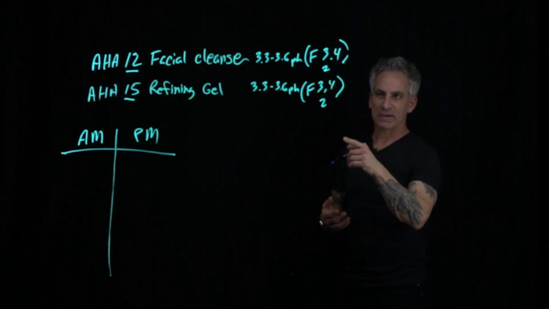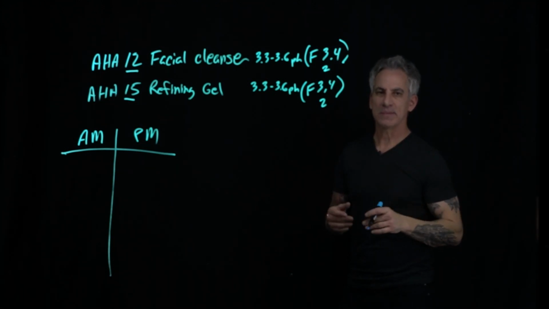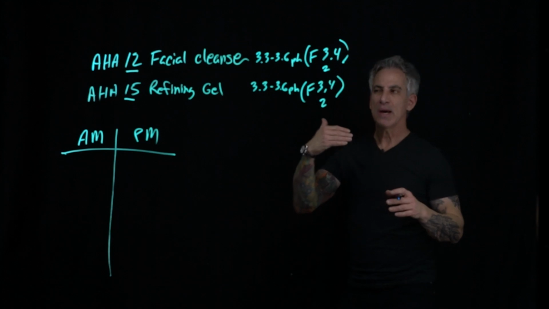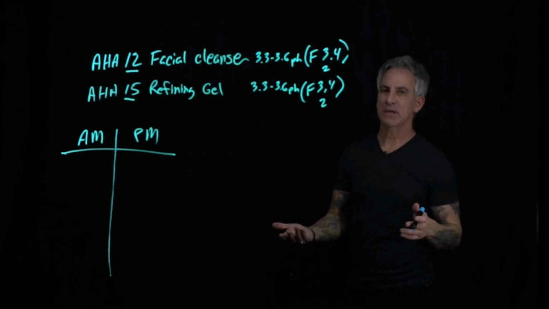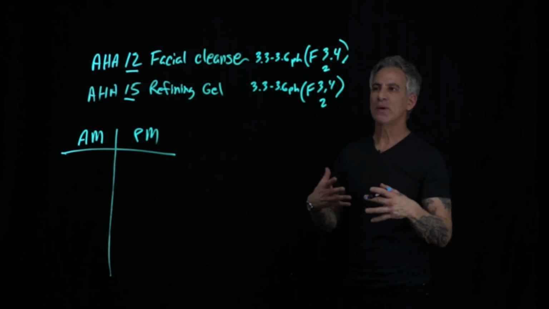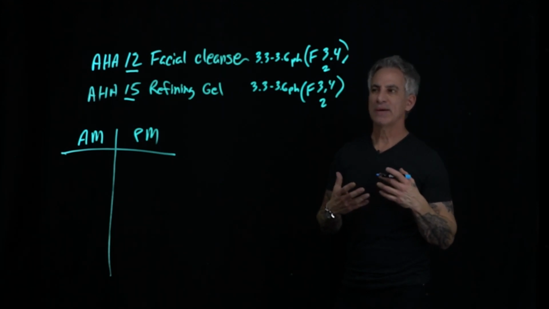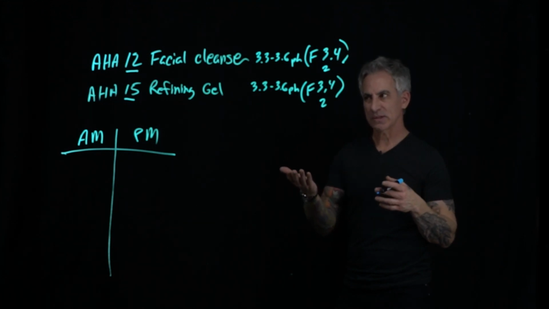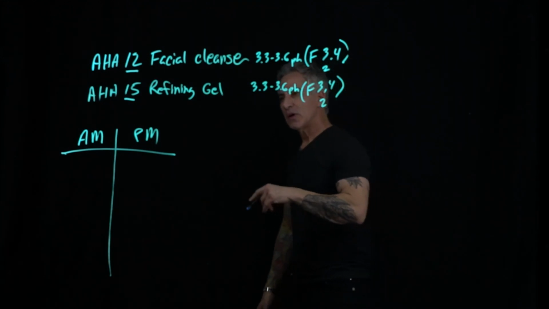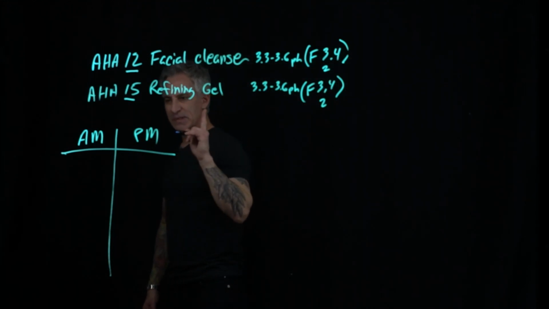Okay, but for 3 and a 4 and 2 on the small scale, this can be handled quite well. And you still want to ask what the overall experience of the client is because you want to know if they're going to pay attention to their sun exposure and if they're going to follow the instructions like the ones I'm about to give you. So both of these products could be used interchangeably, but slightly different.